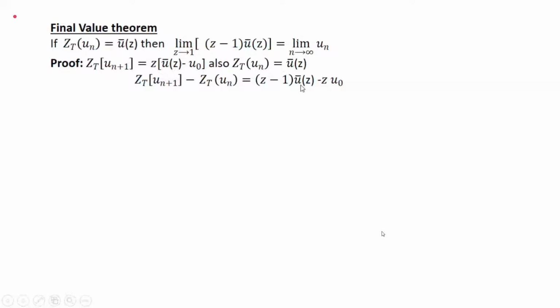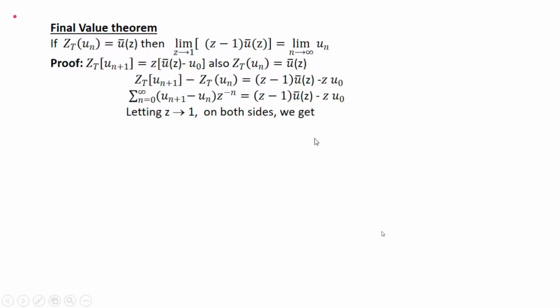z minus 1 u bar of z minus u naught, so that is summation un plus 1 minus un z to the power minus n. So by definition, z transform is un plus 1 minus un z to the power minus n. It is equal to this. Okay.